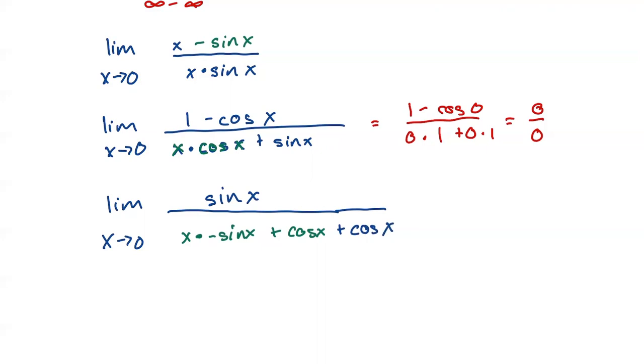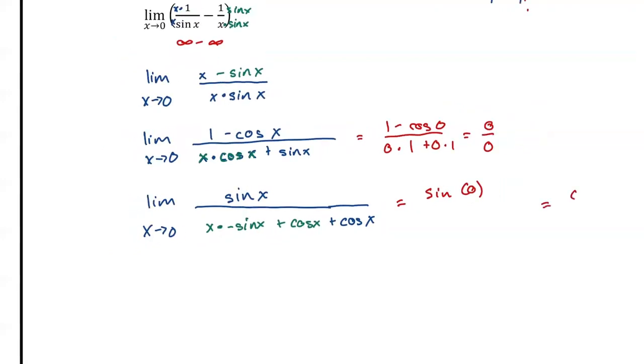So again, this is where you had to be really comfortable with your derivatives, but you could go ahead and rearrange things if you want. But if you plug in 0, what we're going to find here is that sine of 0 is going to be equal to 0. But this denominator is going to be 0 times 0 plus 1 plus 1.